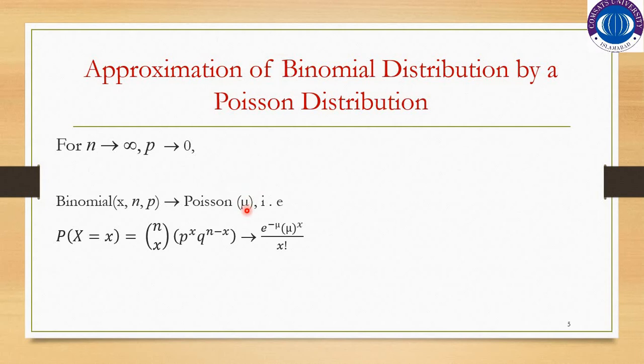So this is the approximation of binomial distribution to Poisson distribution, that whenever we have n very large and p very small, binomial distribution with two parameters n and p will tend to Poisson distribution with parameter mu. This one is the probability mass function of the Poisson distribution with parameter mu.